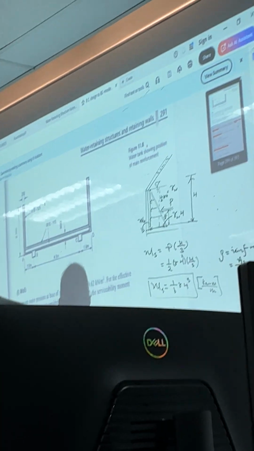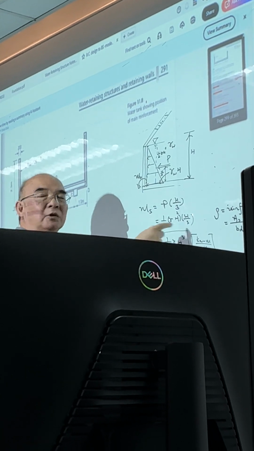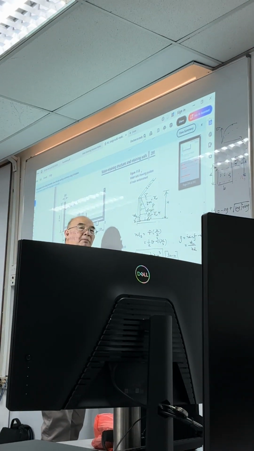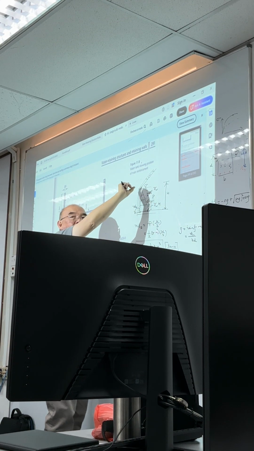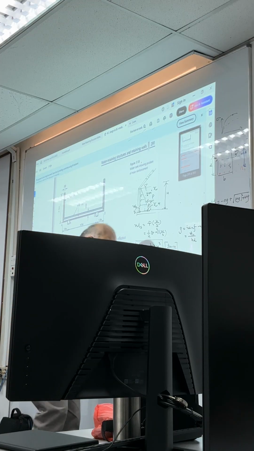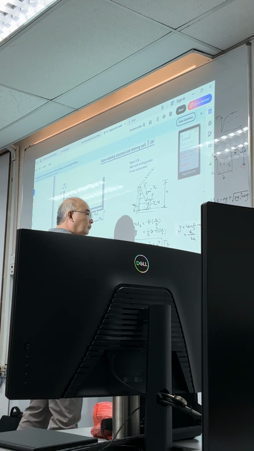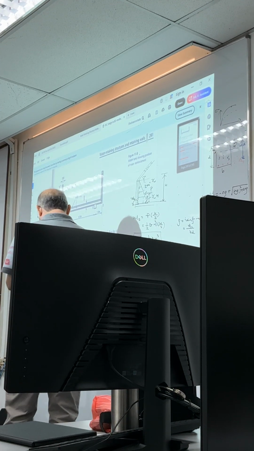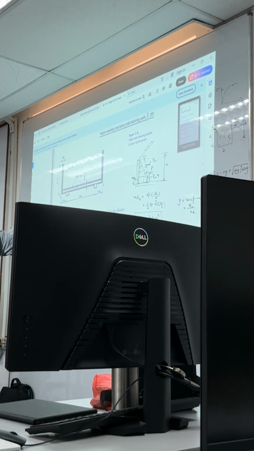When you substitute, it actually comes out with kilonewton. But the physical meaning is kilonewton per meter. That means per meter width, what is my moment? Okay, so his M is equal to 14.6.